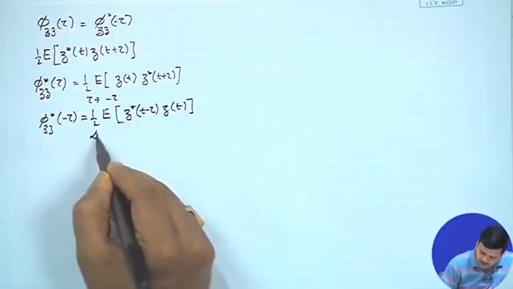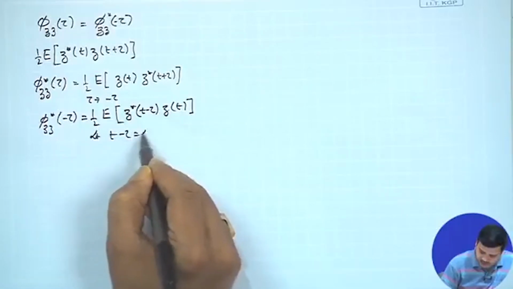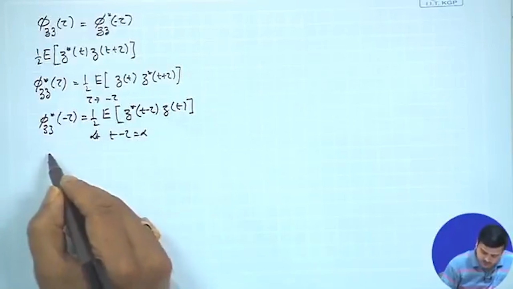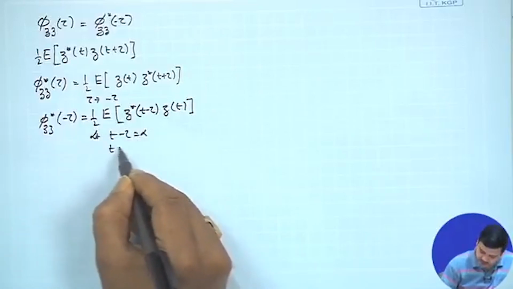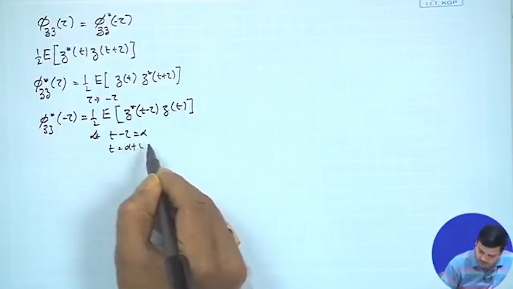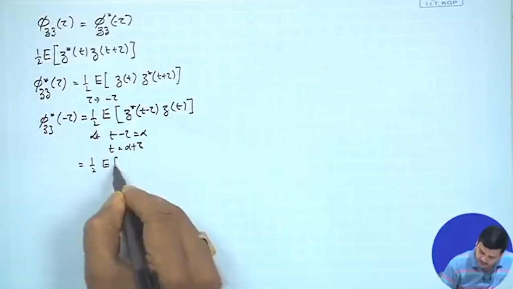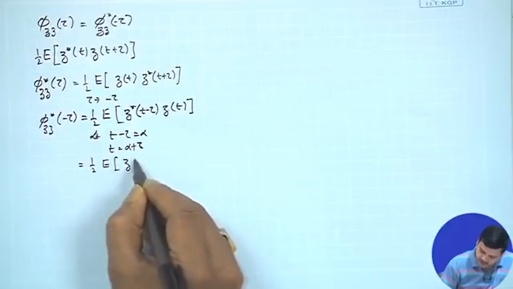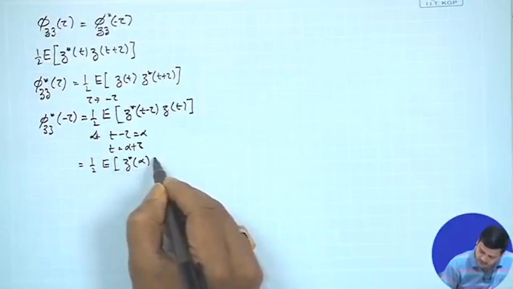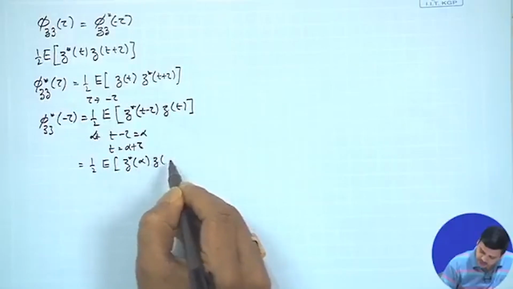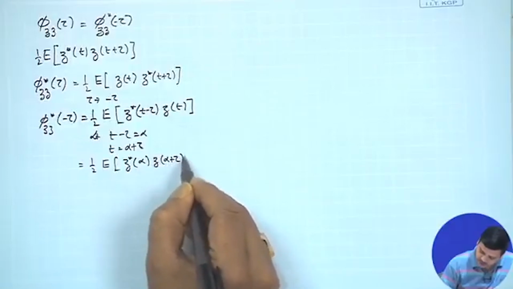Now we can say that let t minus tau be equal to alpha. So what we have is t is equal to alpha plus tau. So what we get is half E of z conjugate of alpha times z of alpha plus tau.